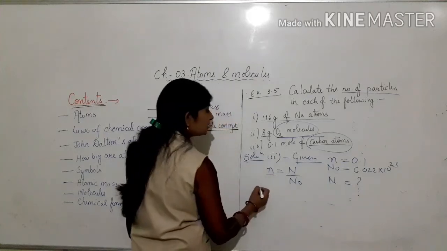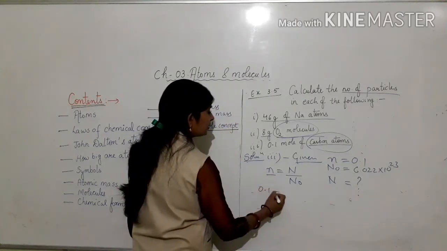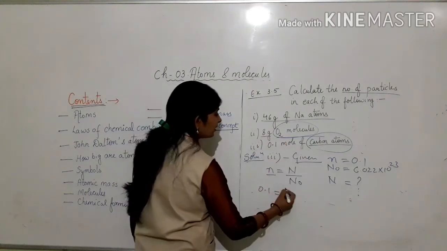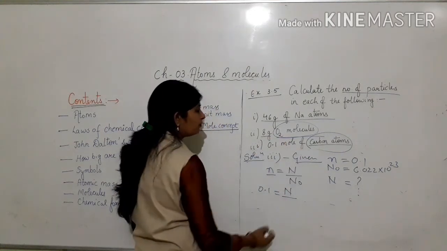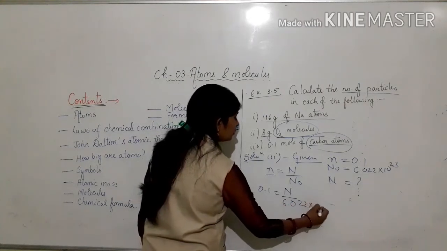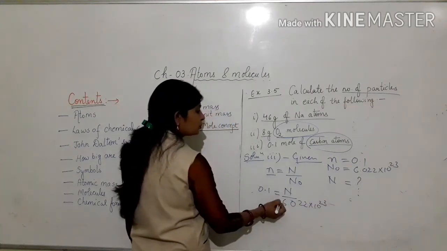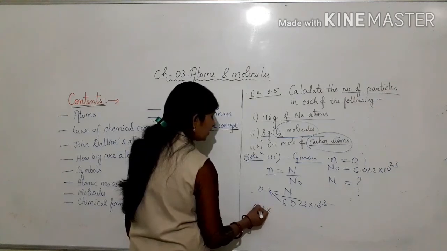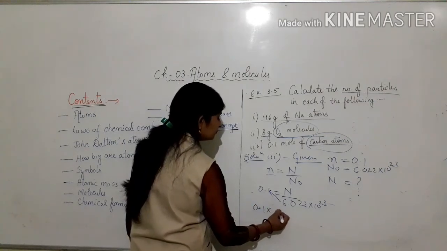Number of moles 0.1 is equal to number of particles, meaning number of carbon atoms that we have to calculate, upon Avogadro constant 6.022 into 10 to the power 23. Transfer this 6.022 into 10 to the power 23 from right to left. It will multiply 0.1.